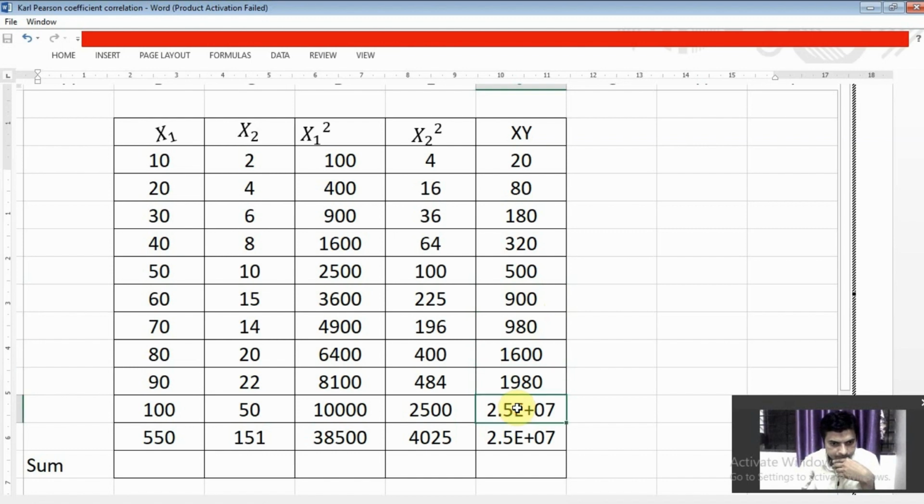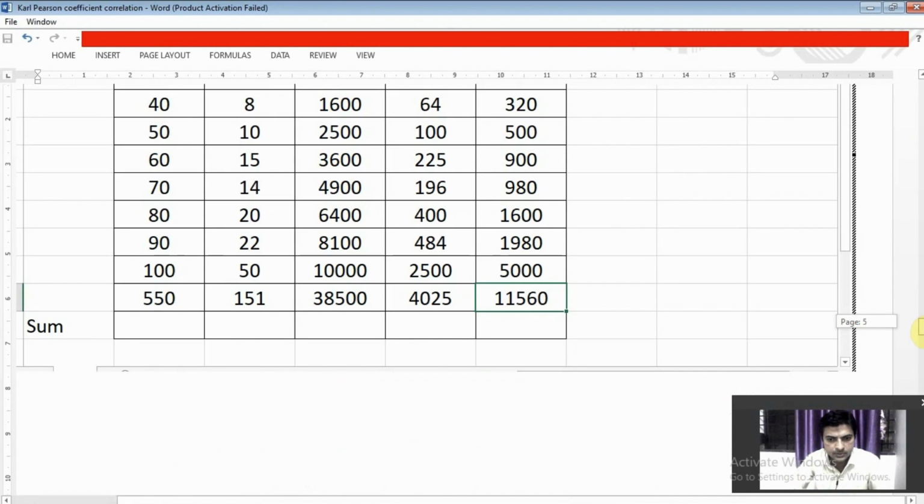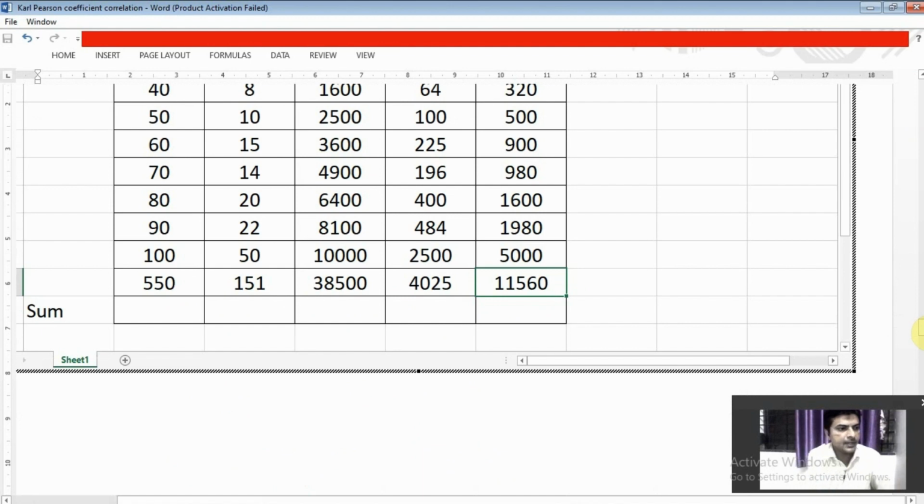Here it is 5000, I just made a mistake. So this is 5000. Okay, now we get the correct answer. So sum of all x into y is 11,560. So this is how you have to identify and get the answer. Sorry for the disturbance.